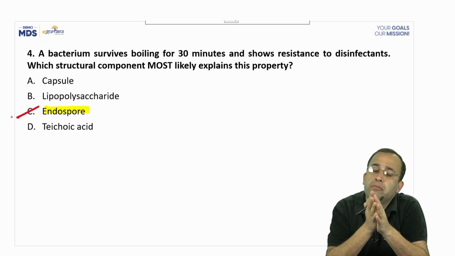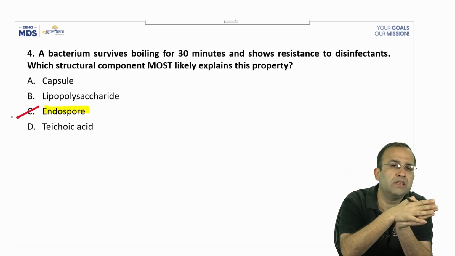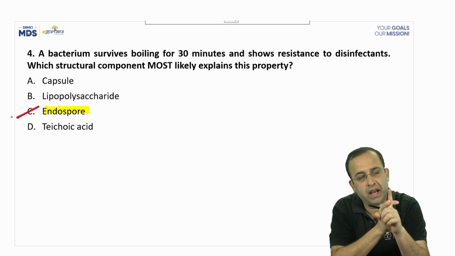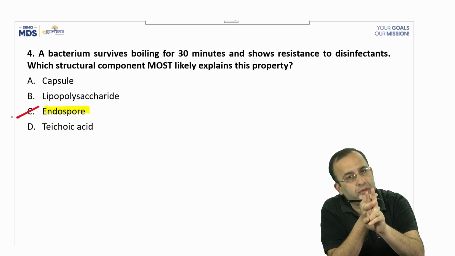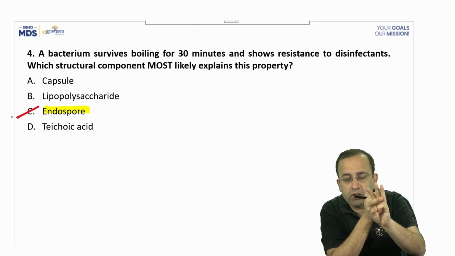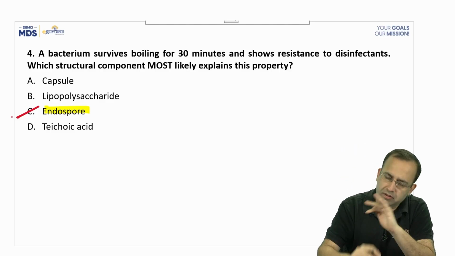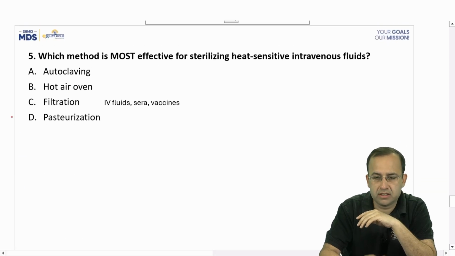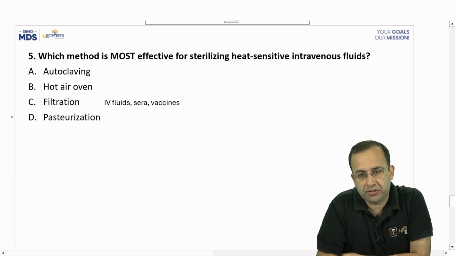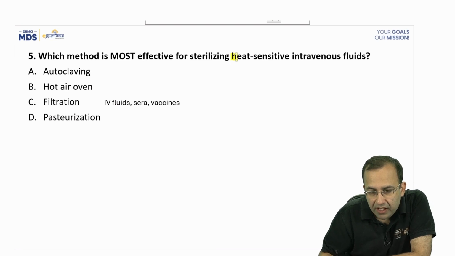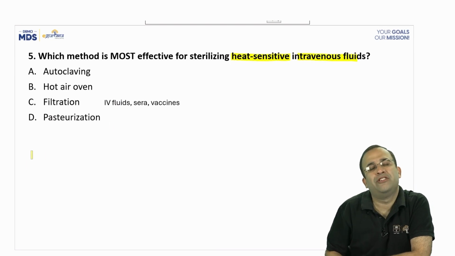But what is more resistant than endospores? Prions, followed by Cryptosporidium cyst, followed by spores. You know the order of resistance. We have discussed it many times in numerous grand tests. Next question. Which is most effective for sterilizing heat-sensitive intravenous fluids?